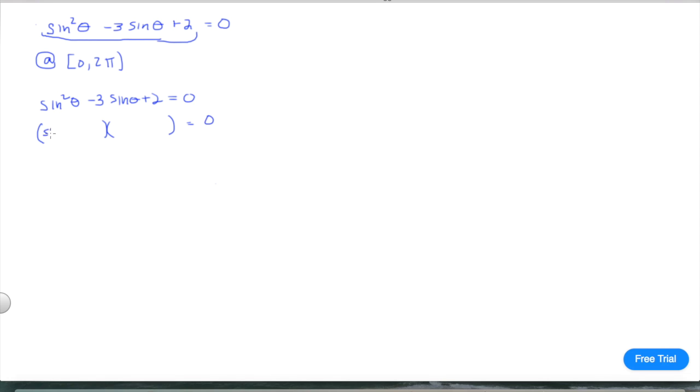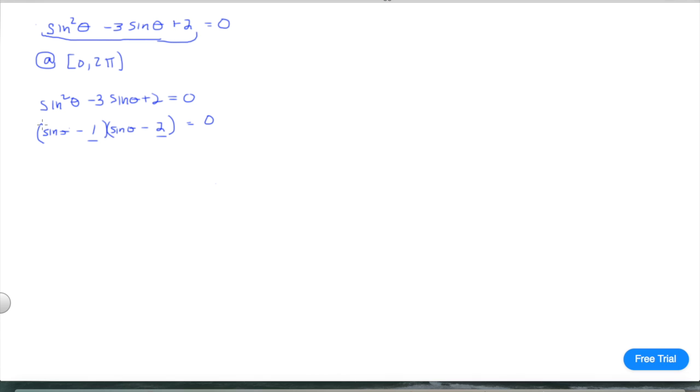I know that sine theta times sine theta will give me sine squared theta, and I can use factors of 2 for my other slots. And when I add inside and outside, I have to have negative 3 sine theta. So my choices are really just negative 1 and negative 2.